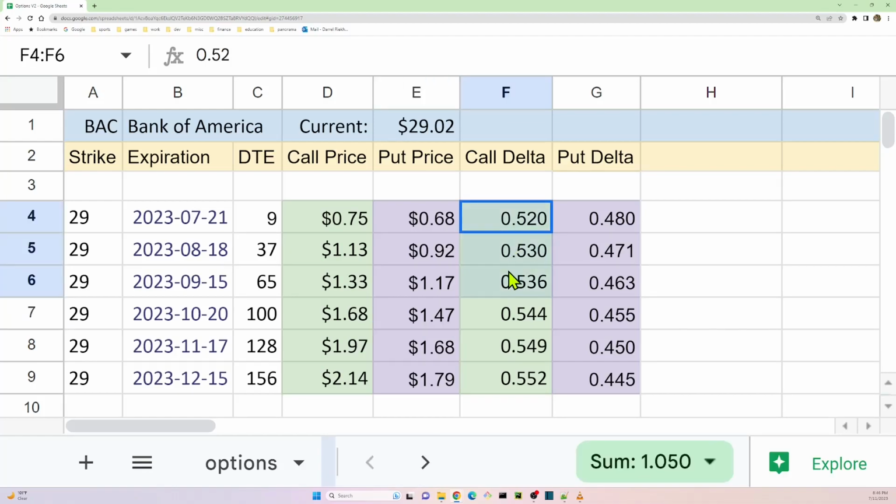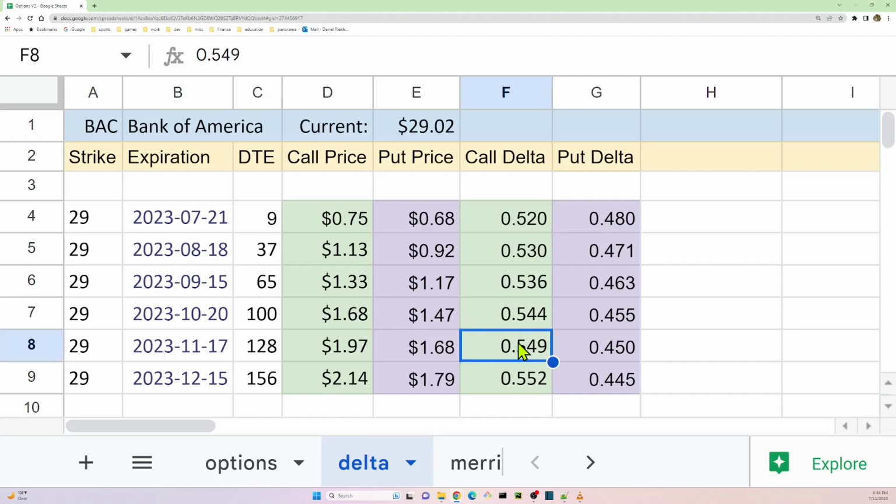The call deltas are not 0.5 as you might expect. Instead, they're slightly above that, and they increase the further out in time you go. The put deltas are below 0.5 and they decrease the further out in time you go. Why is that?